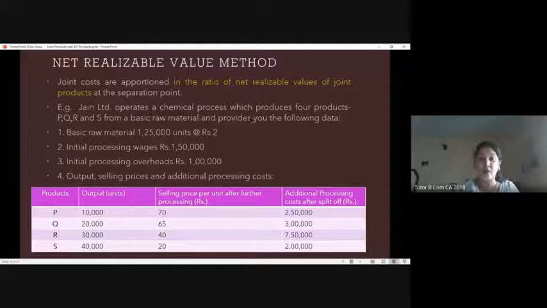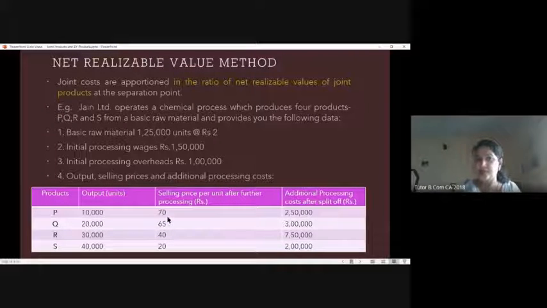Now they have also given us the output, the selling price, and additional processing cost for us to understand the net realizable value. So the basic cost and the additional cost are given in a table like this. In the table, we can find the output in units. The selling price per unit after further processing is given.